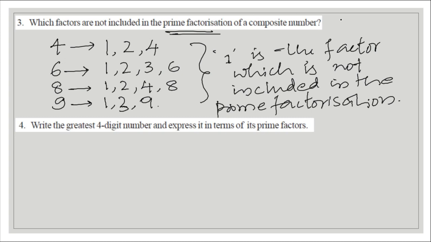Whenever a composite number is written as a product of primes, we always write it excluding 1. Say 12 is the number, it is written as 2 square into 3. Here 1 is not written.